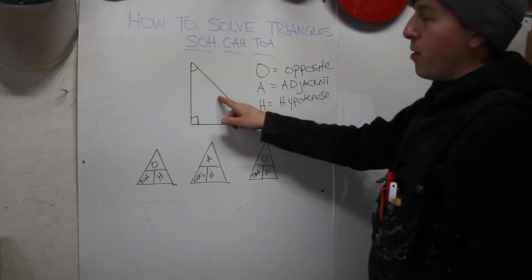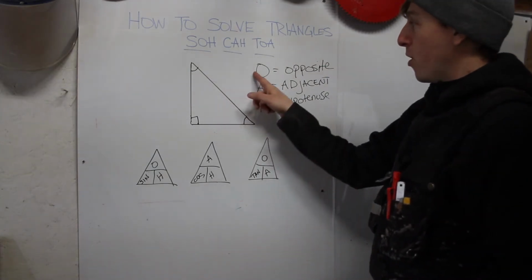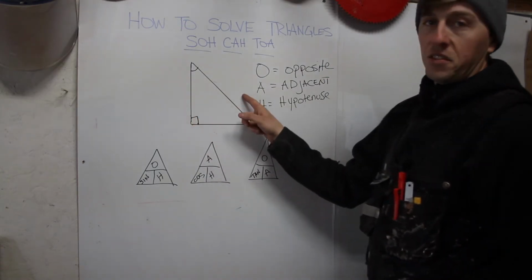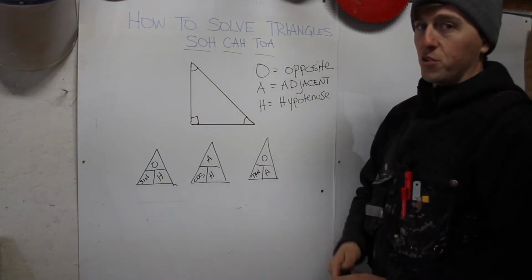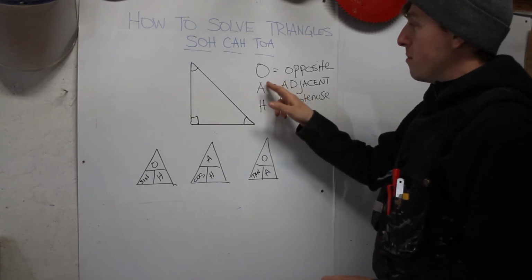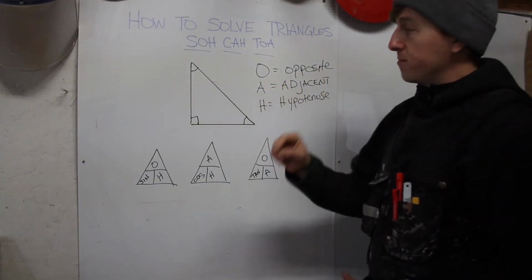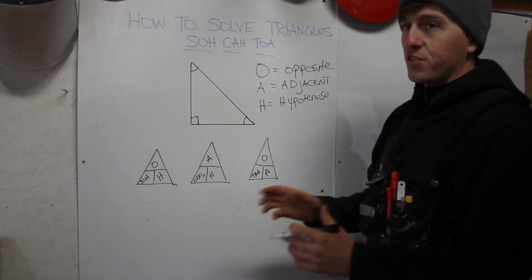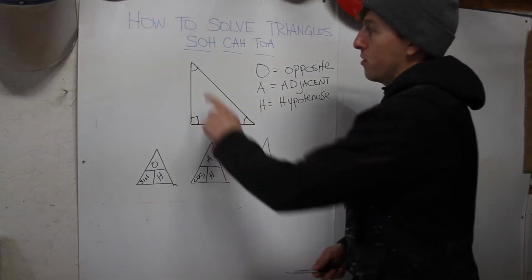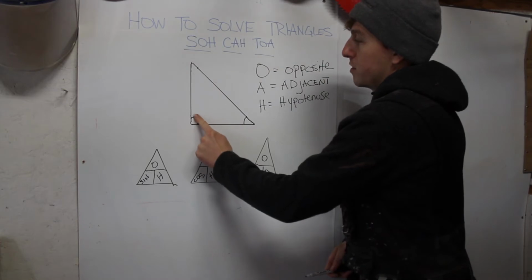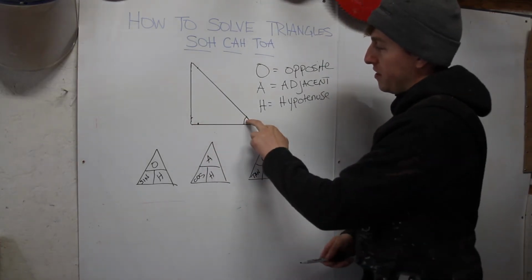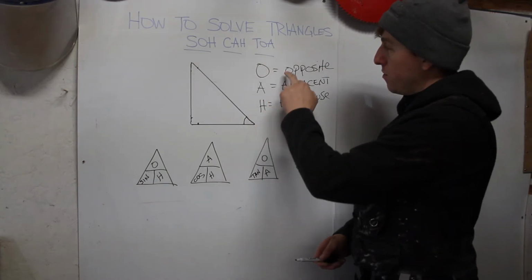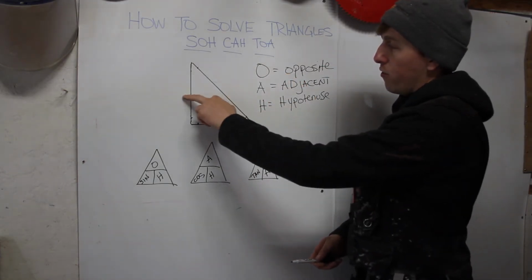So H, the hypotenuse, is always going to be there, but O and A, opposite and adjacent, can be any one of these sides, depending on the angle that you're looking for. When you think about these three things, this is important: everything is from the perspective of the angle that you're looking for. So if, for example, we would like to find this angle in here, the opposite side from this is going to be over here.